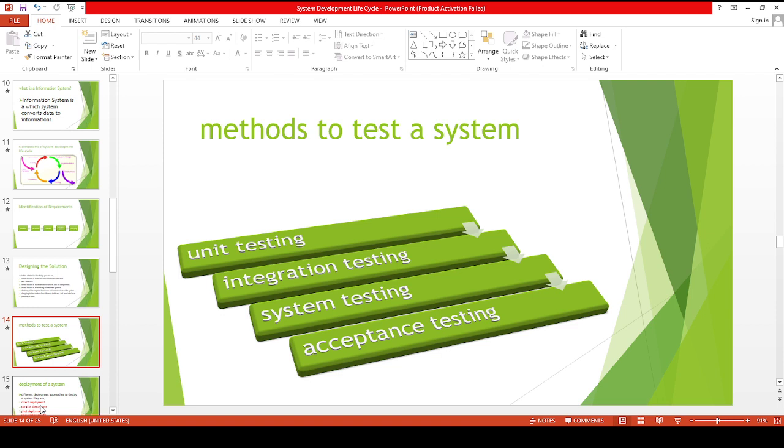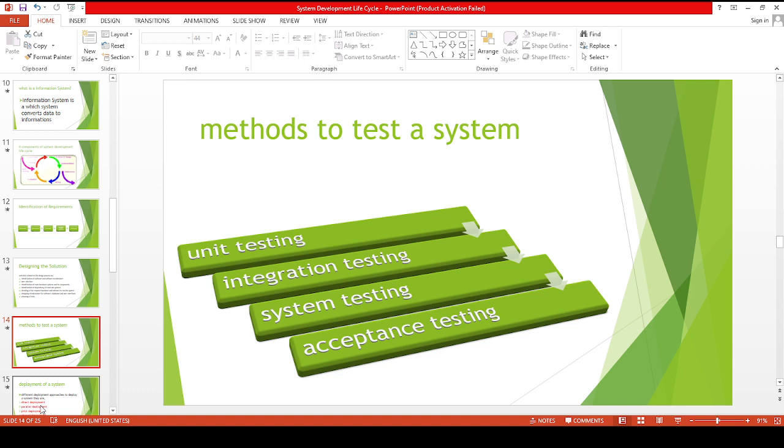Methods to test a system. There are several methods to test a system: unit testing, integration testing, system testing, acceptance testing. Normally, we do first acceptance testing, next system testing, next integration testing, and last unit testing.